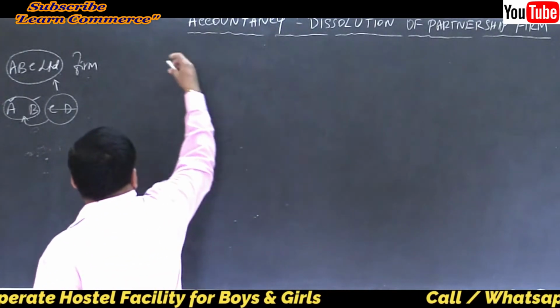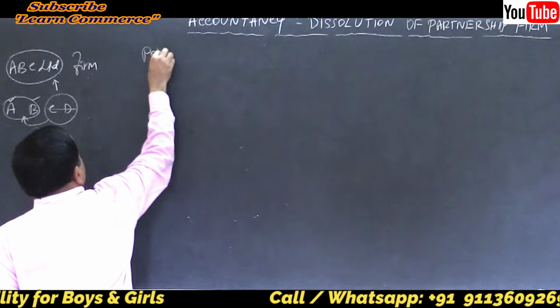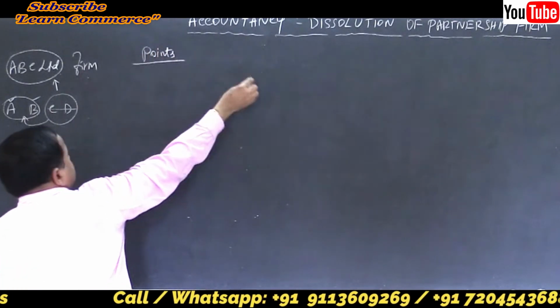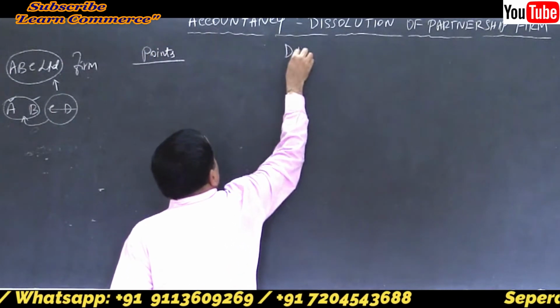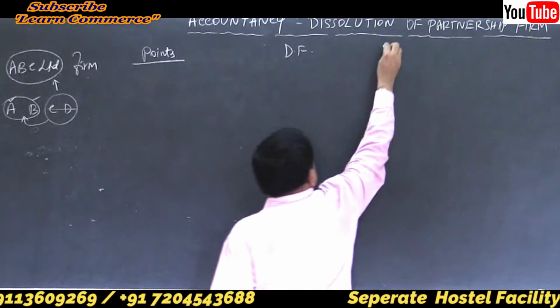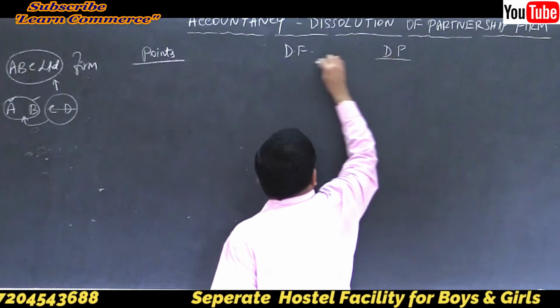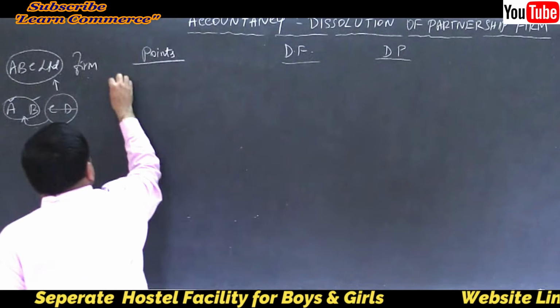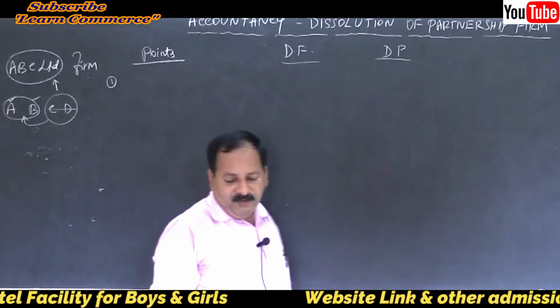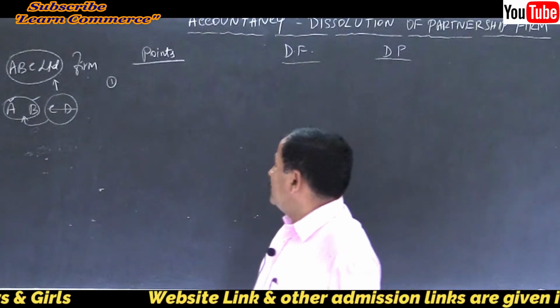So I will make a distinction here, points of distinction between dissolution of firm and dissolution of partnership. What are the distinctions? Let us analyze one by one. First one is closure of business.